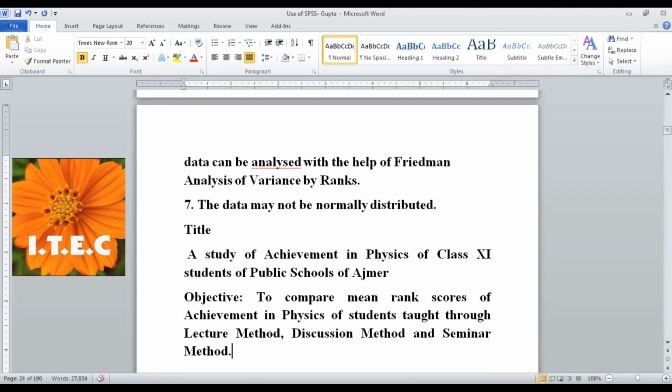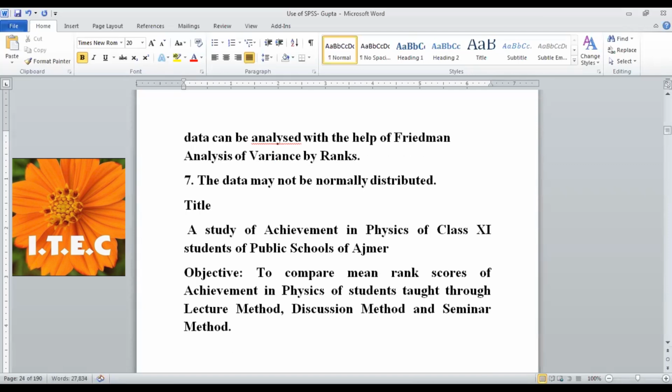So you must have a minimum of 3 treatments, and you have only one group. The same group, you are teaching a particular topic in physics with the help of the lecture method.